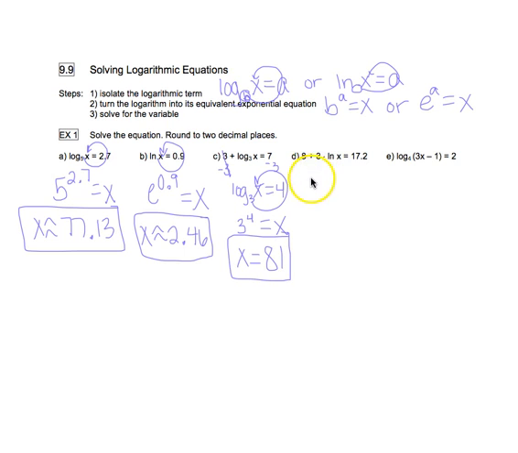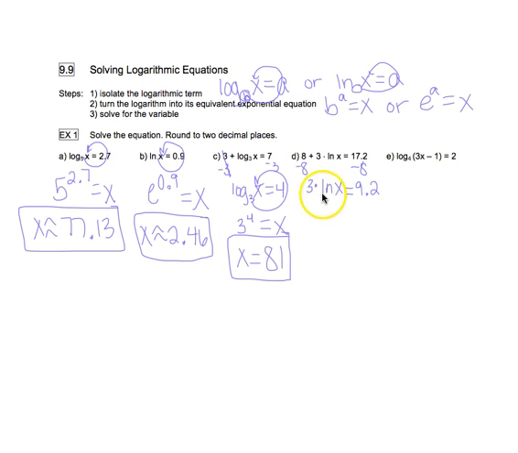All right, next one. Isolating that needs to happen here. I have multiplication here, addition here, so I need to get rid of the 8 first by subtracting it. So that gives me 3 times natural log of x is equal to 9.2.